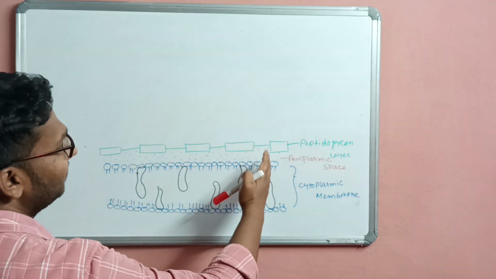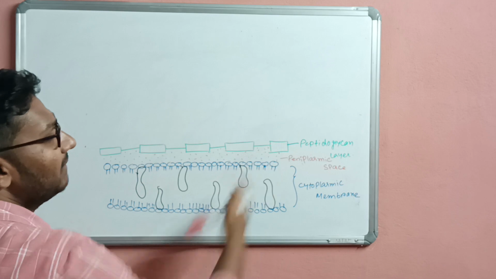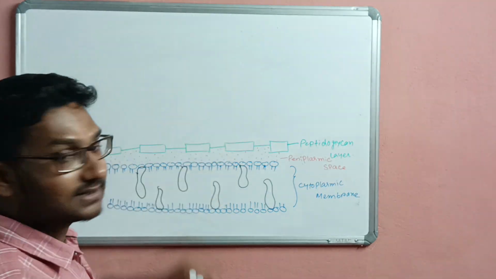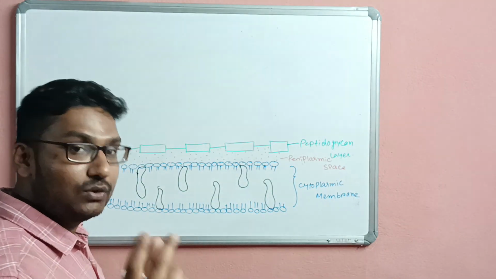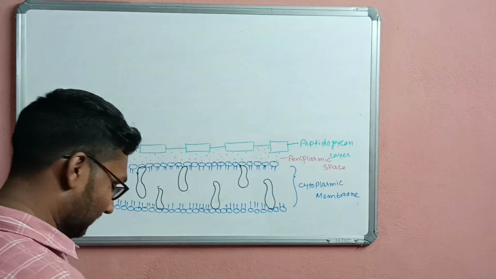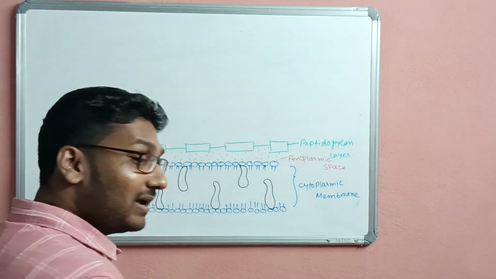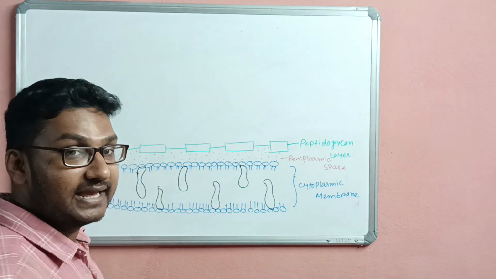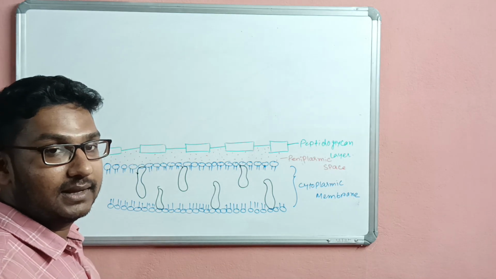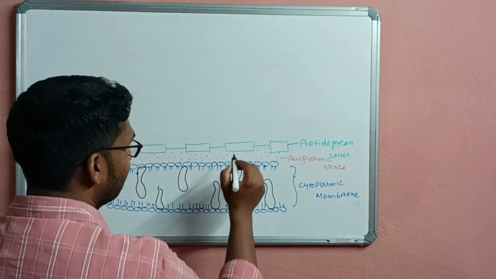In gram-positive bacteria the cell wall is almost all peptidoglycan, but here it is only 10 to 20%. Another one, number 2, is lipoprotein.